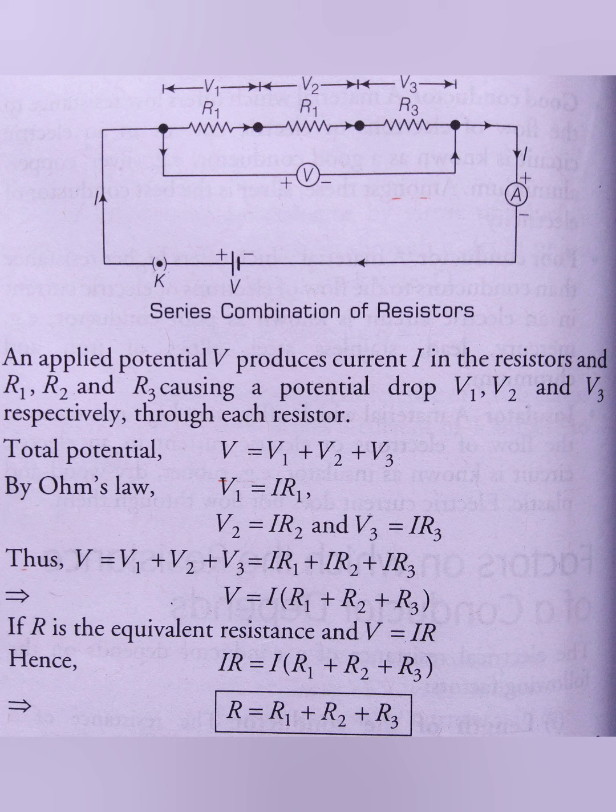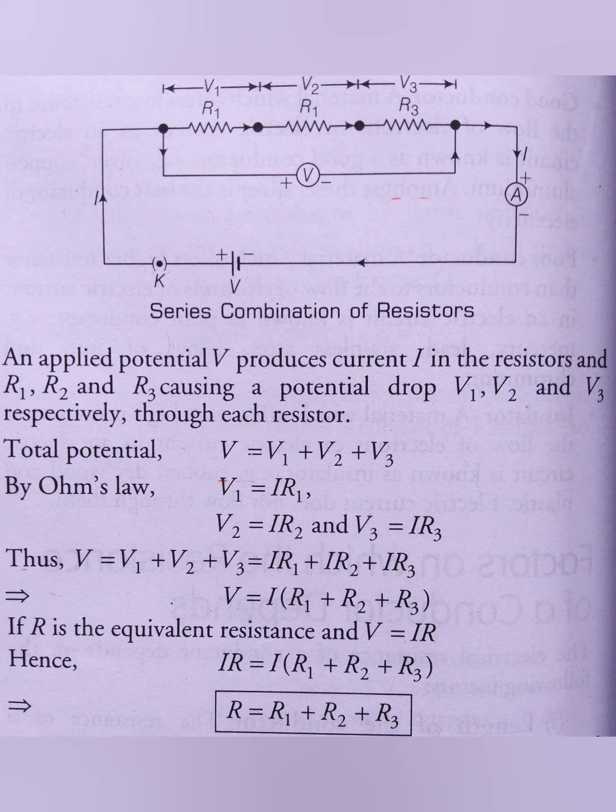Hence, solving for R from the above equation, we can obtain R is equal to R1 plus R2 plus R3. So the expression derived indicates the effective or equivalent resistance of three resistors when combined in series.